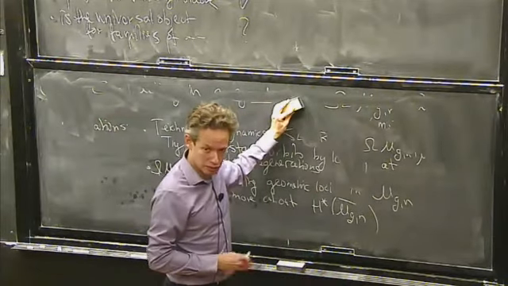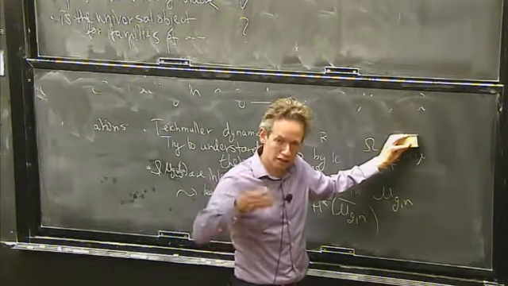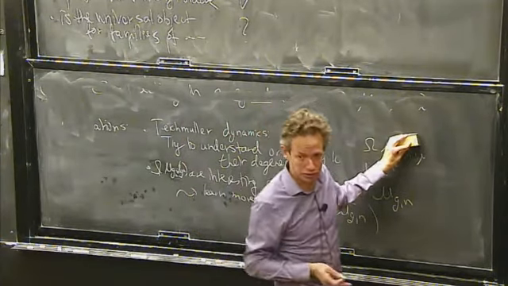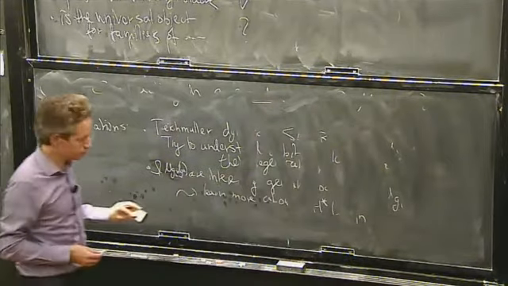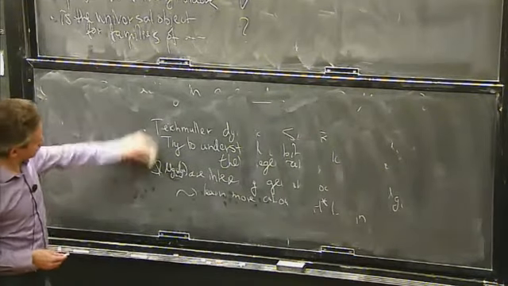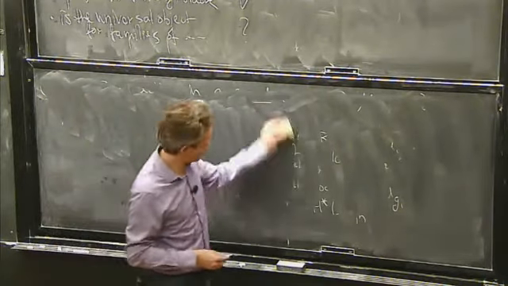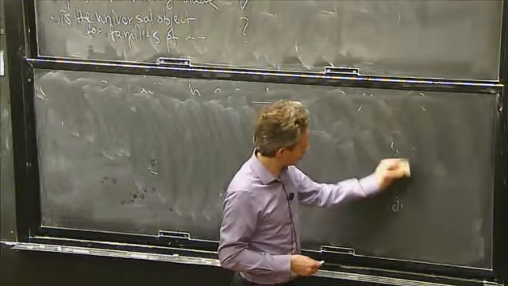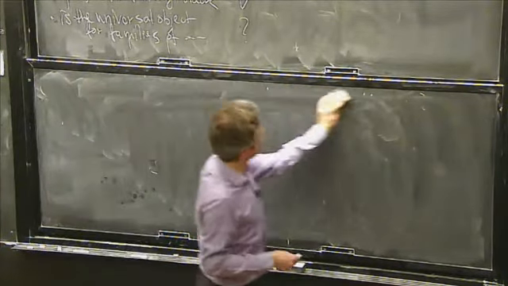But I'm splitting this into two pieces. One, there is a family over my space, and second, it's universal in the category of something, so that everything else comes as a pullback. So usually this universality is a little stronger. Whatever comes as a pullback is also unique. Yes, of course. But that's not the real issue.